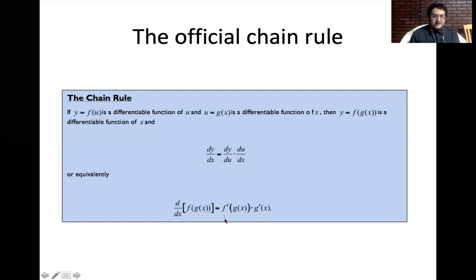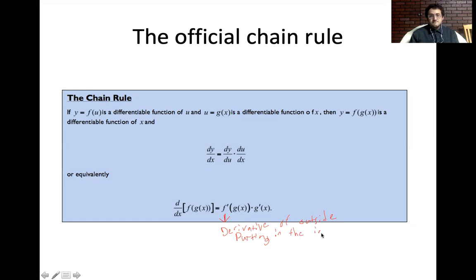What this says is you take the derivative of the outside, putting in the inner, times the derivative of the inside.